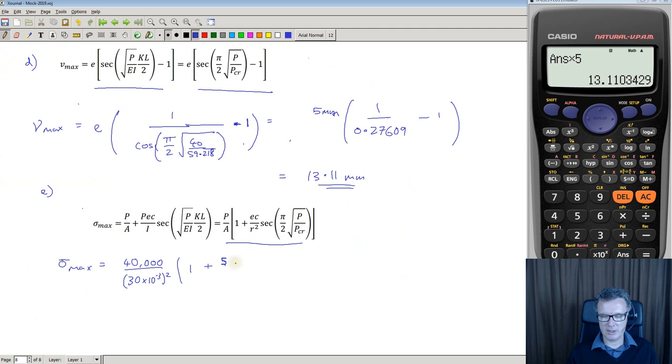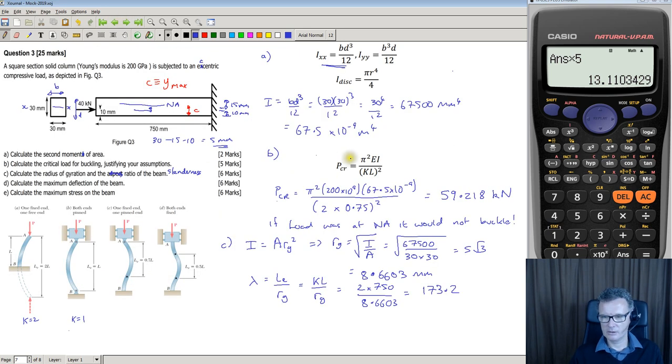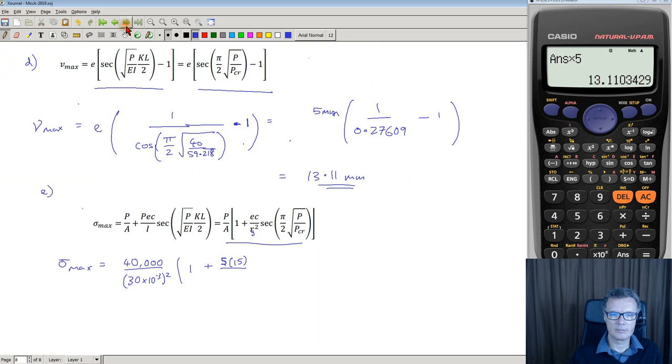So the distance away from the neutral axis is 15 millimeters. And what did we find? The r, it should really be r g. What's the r g? r g we found to be here, 8.6603. And we want to square that.